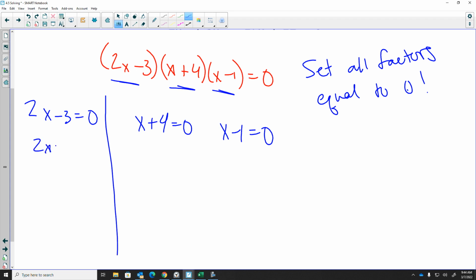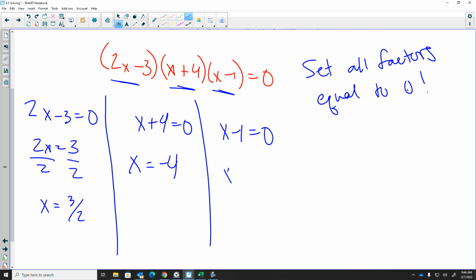Add 3, divide by 2, get x equals 3/2. These ones are easy. This one is negative 4, and this one is 1. So that means that these are my solutions.